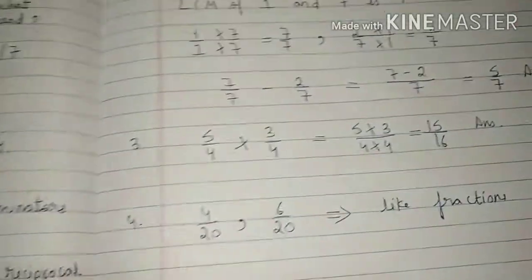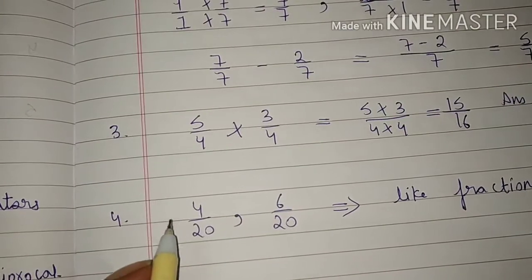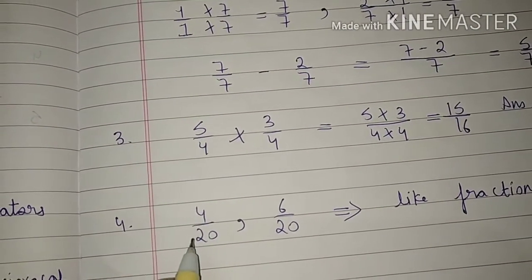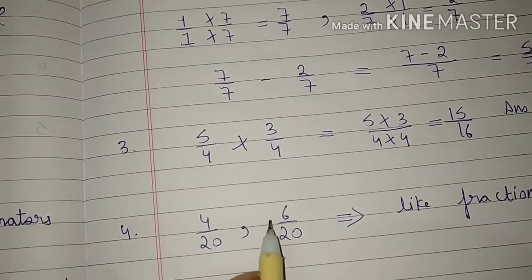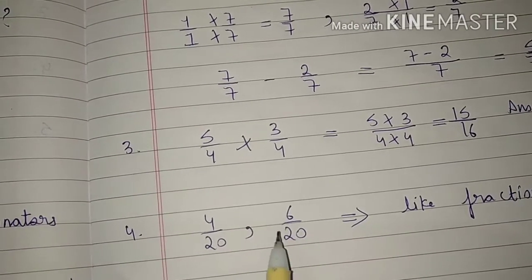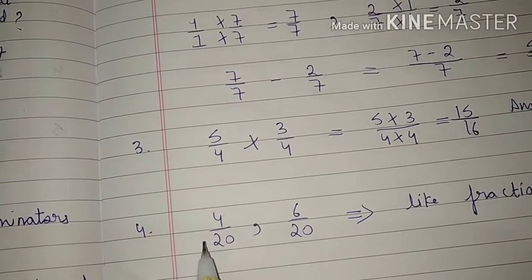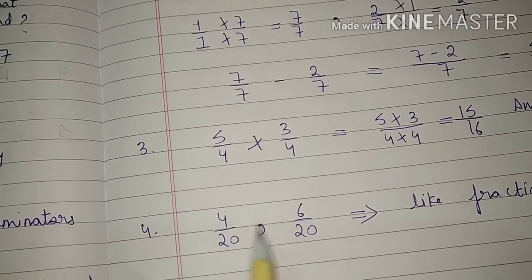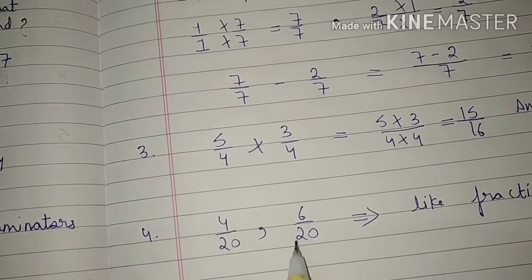Look here. 4 by 20. Students, here numerator is 4 and denominator is 20. 6 by 20. Here numerator is 6, denominator is 20. Now students, you can see that in both the cases, denominators are the same. Here it is 20, here it is 20.